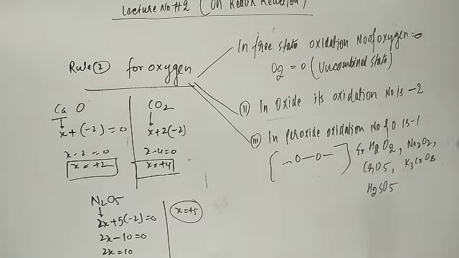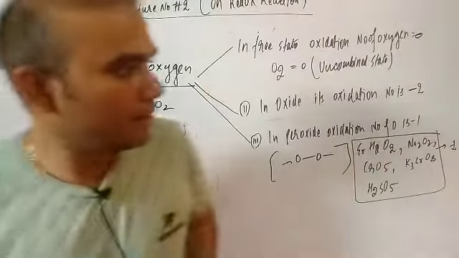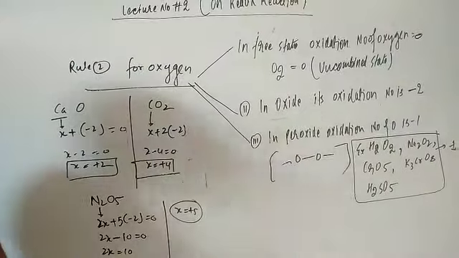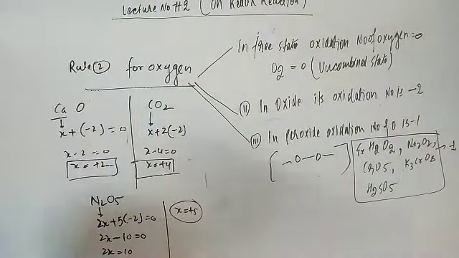In all these cases oxygen is having the peroxide linkage where the oxidation number is -1. That is a quite important point, student, that we have to memorize and understand. So let us try to understand how to calculate if there is a peroxide linkage in all these cases, one by one, dear students.